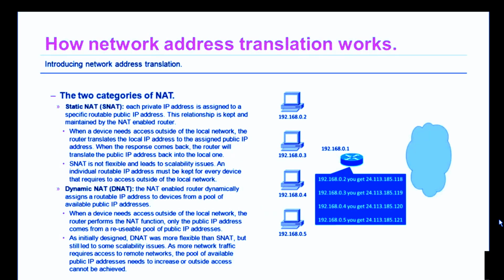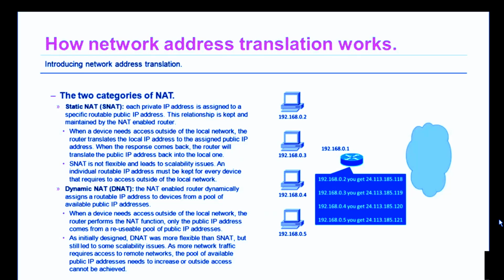And first off, we get to talk about the fact that there are two categories of NAT. First up is static NAT. With static NAT, each private IP address is assigned to a specific routable public IP address. This relationship is kept and maintained by the NAT-enabled router.